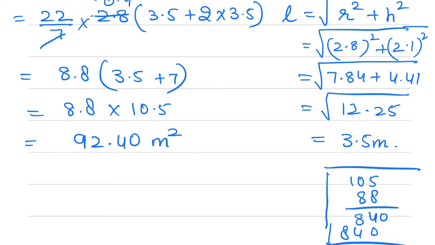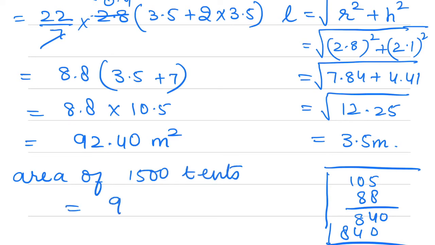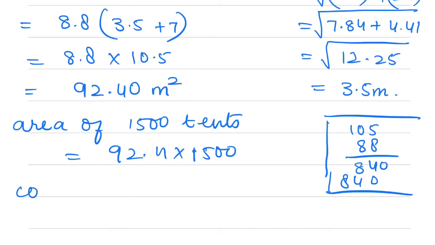So now we'll find out area of 1500 tents would be equal to 92.4 into 1500. Therefore cost is equal to area into rate. Rate is 120 per square meter.